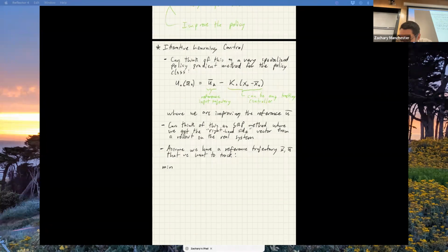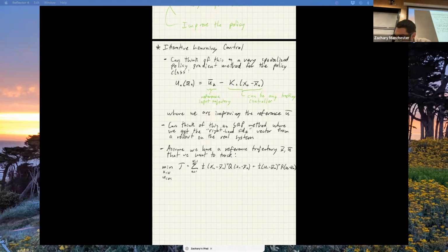Okay, so we're going to do min over X and U in the usual way of this cost function. And we're going to assume a quadratic tracking cost. So very LQR flavored, like X minus X bar, quadratic weights, whatever. And then control cost, same stuff we're used to.